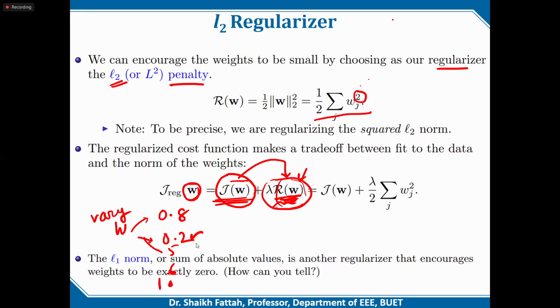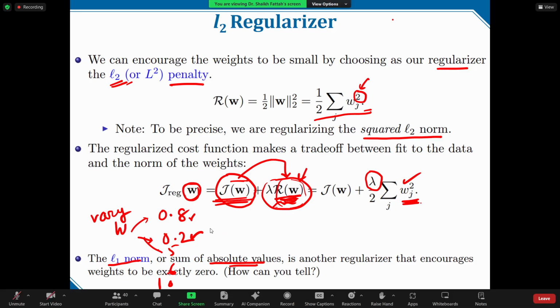L2 comes from the square. L1 norm is the absolute deviation, absolute. L2 regularizer is the square. You consider the squared L2 norm as a regularizer, and also use a controller in front of the L2 regularizer. So if you change this one, there will be more change in this W square.